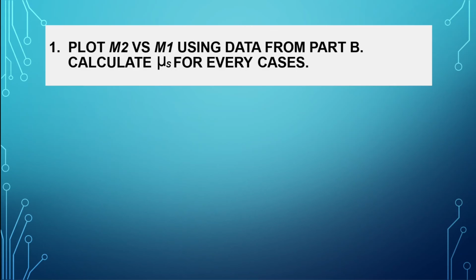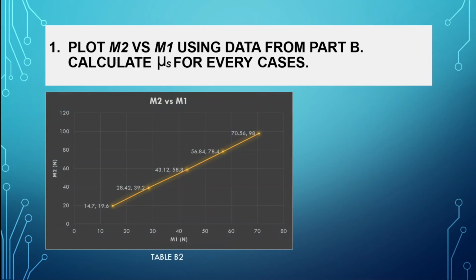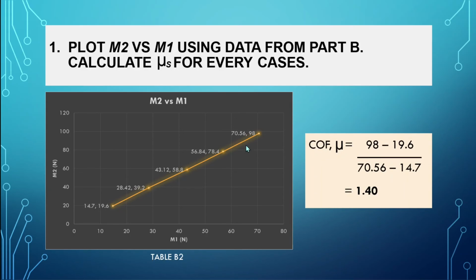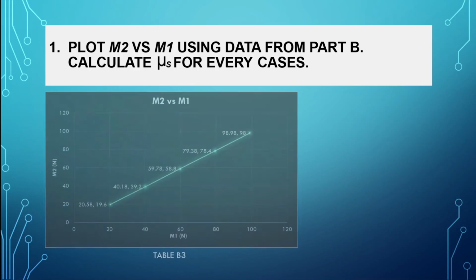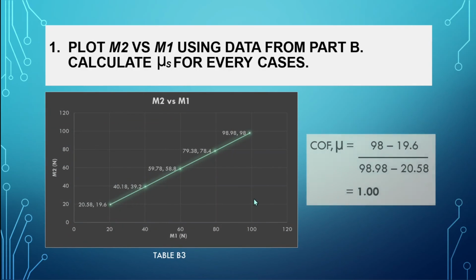Now moving on to table B2. You also insert the values in the graph, plot it, and you will get a graph that increases linearly also. The same thing, y2 minus y1, 98 minus 19.6 over x2 minus x1, 70.56 minus 14.7. You will get 1.40. Same goes for table B3: y2 minus y1, 98 minus 19.6 over x2 minus x1, 98.98 minus 20.58.